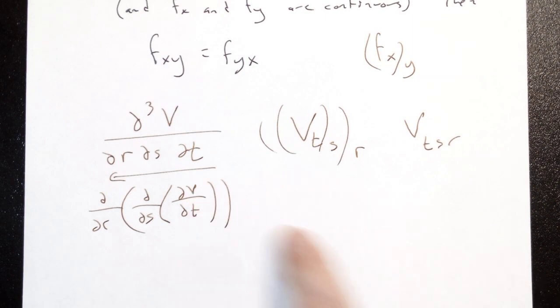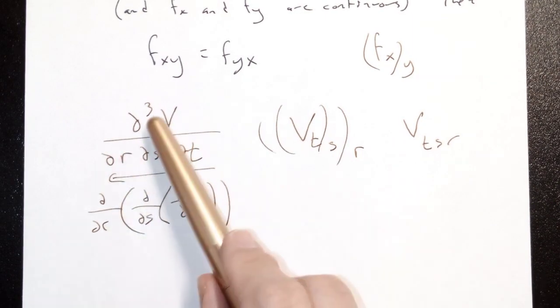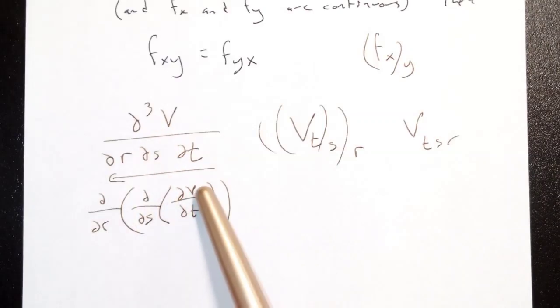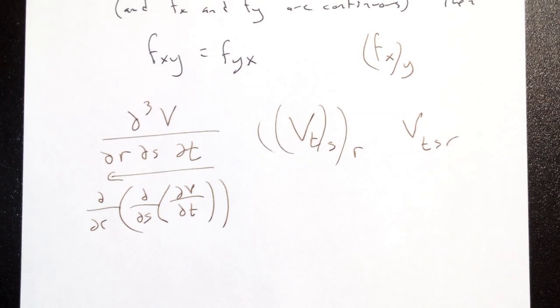But now you also see why the cube is on the D, right? Because it's D, D, D, V. That's why the notation is weird. It's x squared on the bottom and D squared on the top. That's the way we write the derivative operator.